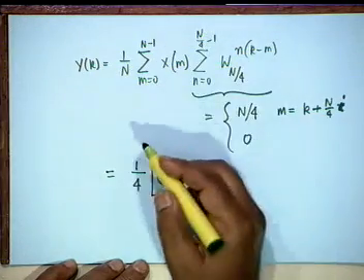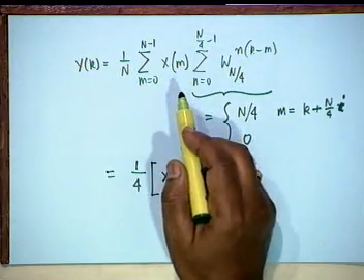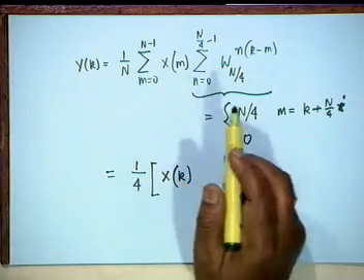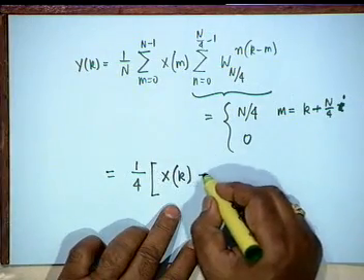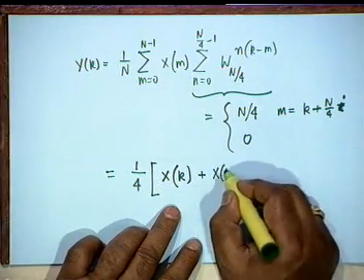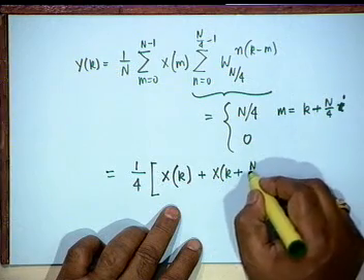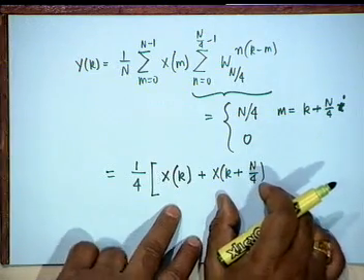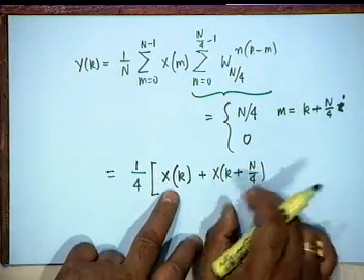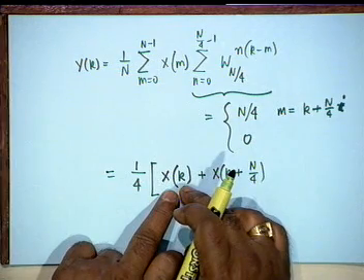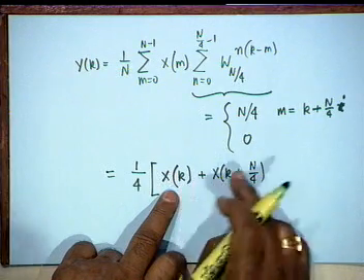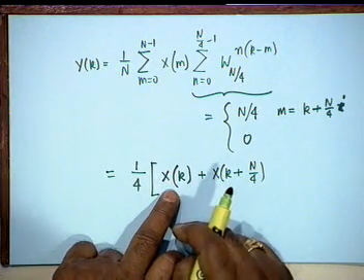In this summation only a few values of m shall figure, okay. So the first one will be x of k, second one would be x of k plus n by 4. Why is this required? Because x of k is computed only from 0 to n minus 1.